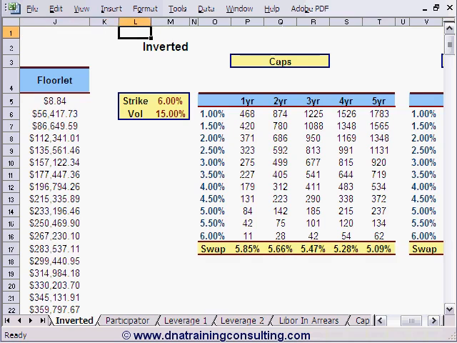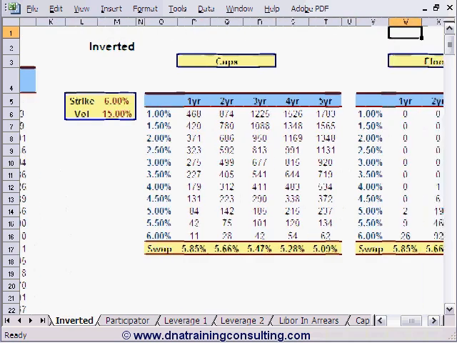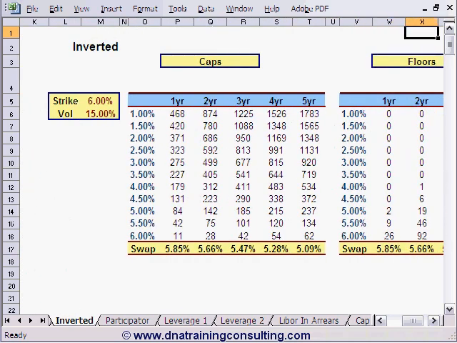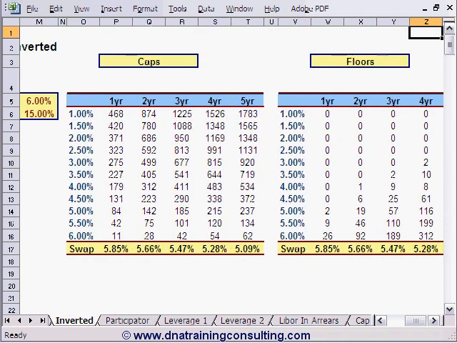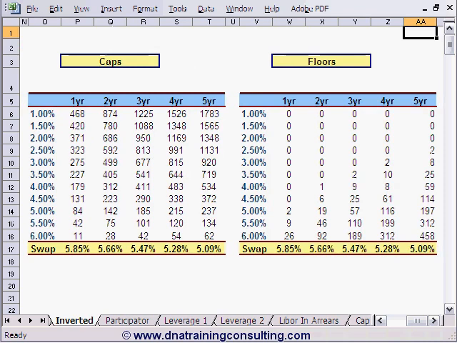The change in the shape of the LIBOR curve also changes, of course, all the cap and floor prices previously shown in our pricing grid, and these are now restated on this same worksheet, as you can see here, on columns O to AA.